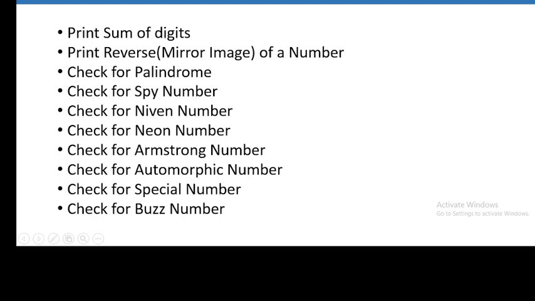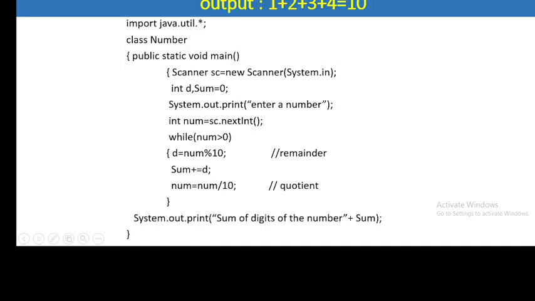So let's check for the first program: how to get the sum of the digits. How to separate out the digits? Whenever we divide a number by 10, the remainder will be the last digit of the number, and in the quotient part we'll get the remaining number.